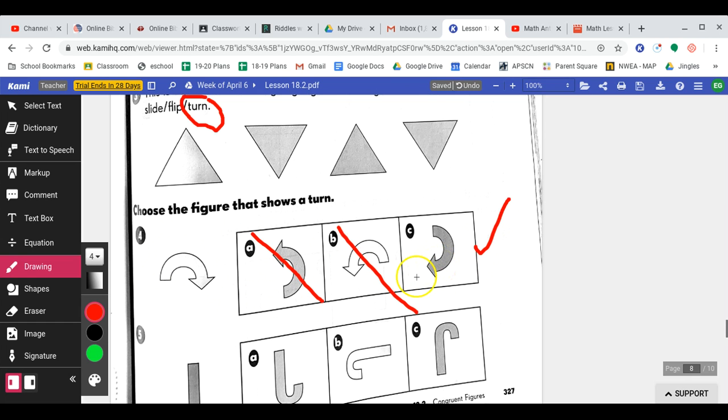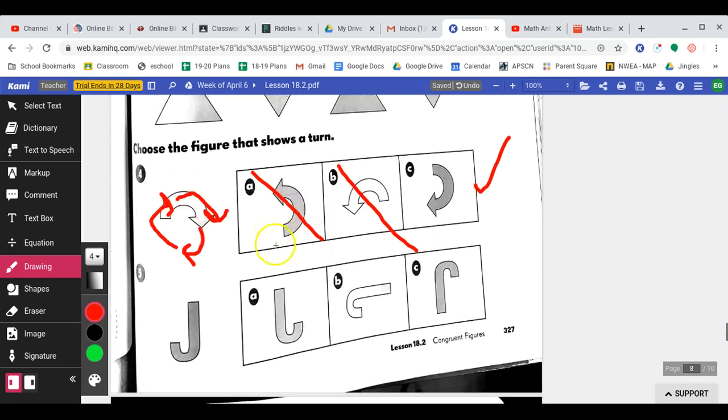This one shows a turn because imagine this arrow is facing this direction and then it's going around and then the arrow is facing in this direction. So this arrow is facing in the right direction. This one is in the wrong direction. If it would keep going, it would go around like this, then around like this. So both of these are incorrect.